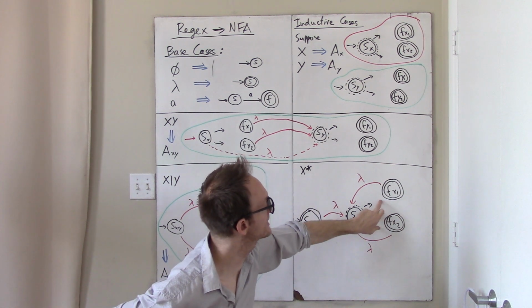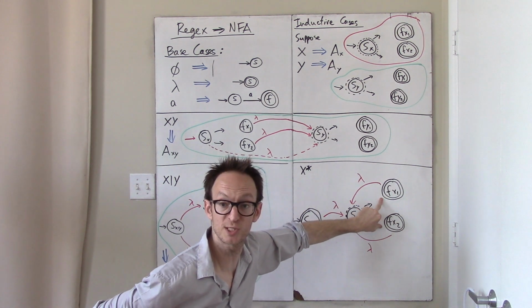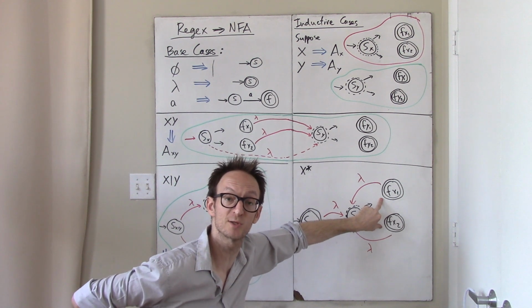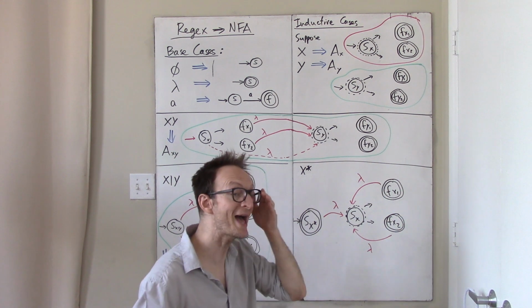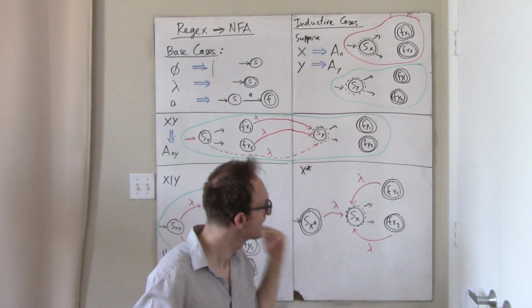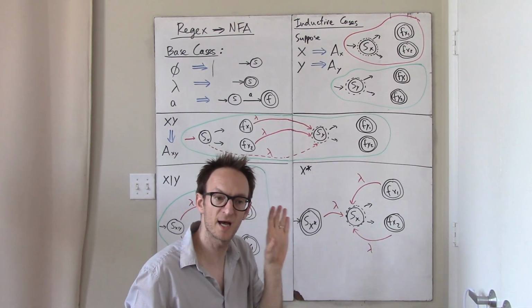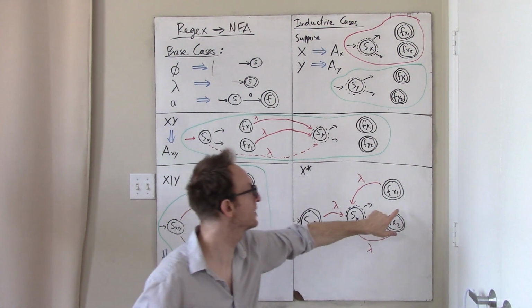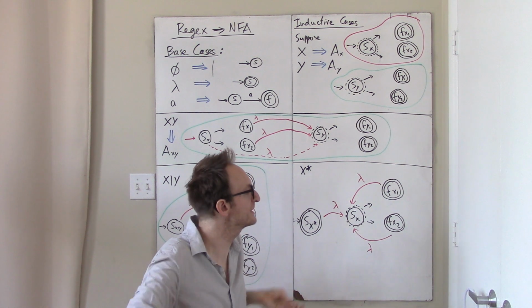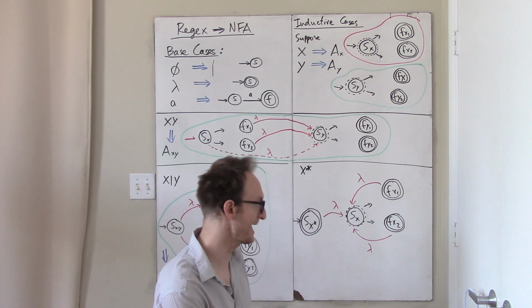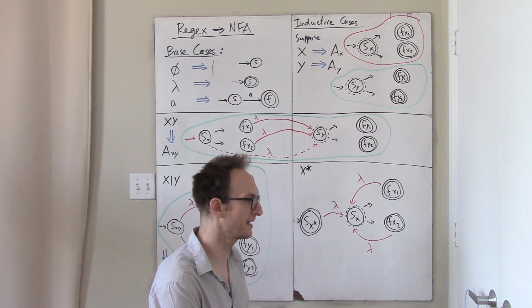So if the string matches x, then that string should also match x star. That's why we keep these as accept states, because now that string would just terminate in the accept states of the original AX machine and be accepted. But if the string is of the form xxx, then we lambda back to the beginning and run it all again.